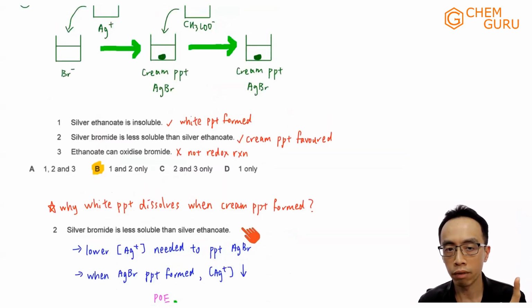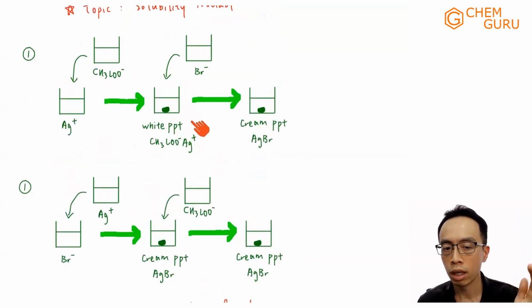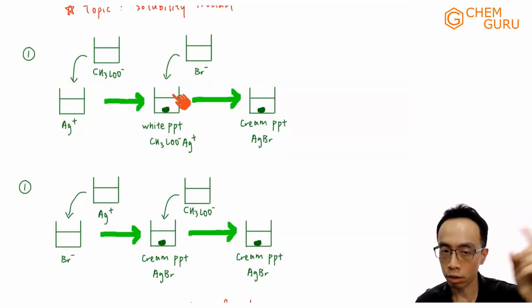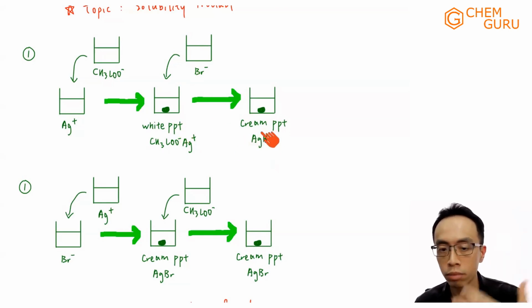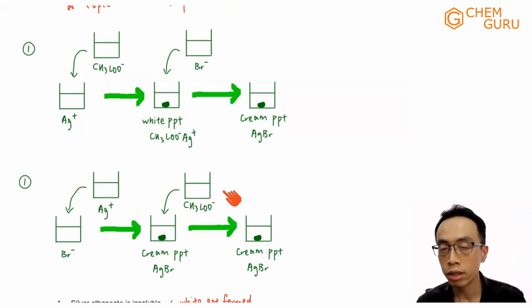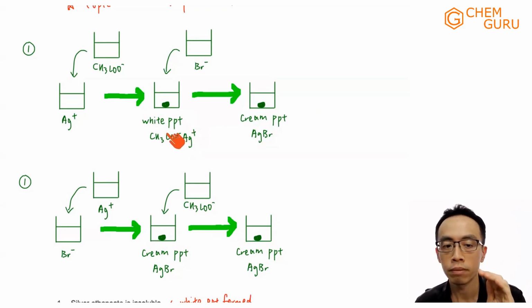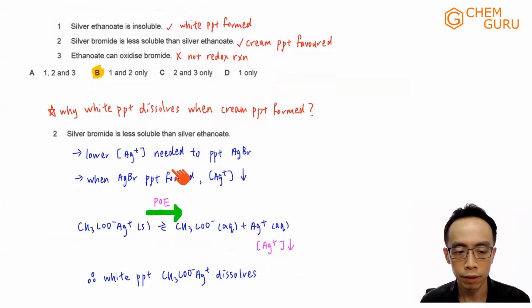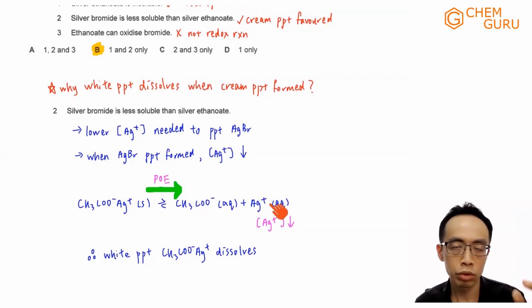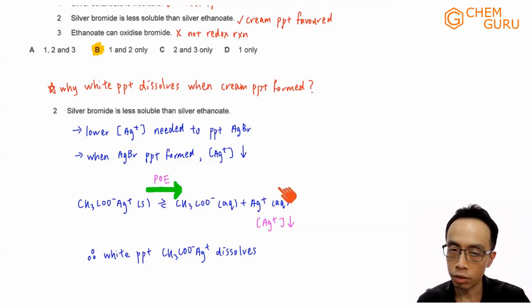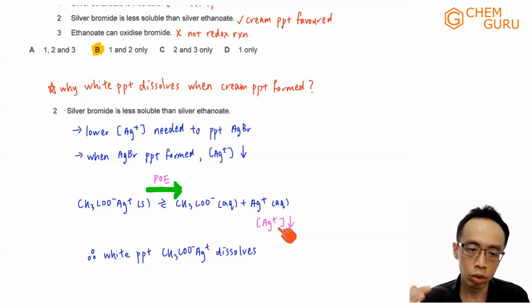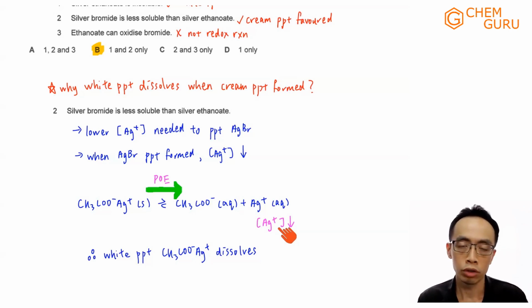Now, in this scenario that we have here, when you have your white PPT silver ethanoate, when you add Br- and when you start to form AgBr, you're decreasing the concentration of Ag+, and actually you affect this dissociation involving your silver ethanoate, which is here. So when there's a decrease in concentration of Ag+, because of the precipitation with AgBr, if the concentration of my product decreases, position of equilibrium will shift towards the right hand side. It will increase the concentration of Ag+ according to Le Chatelier's principle.